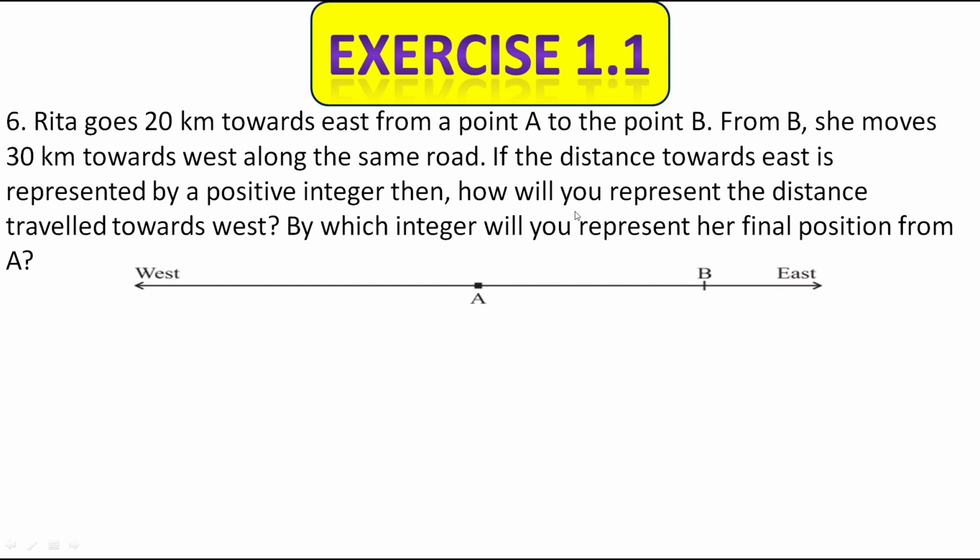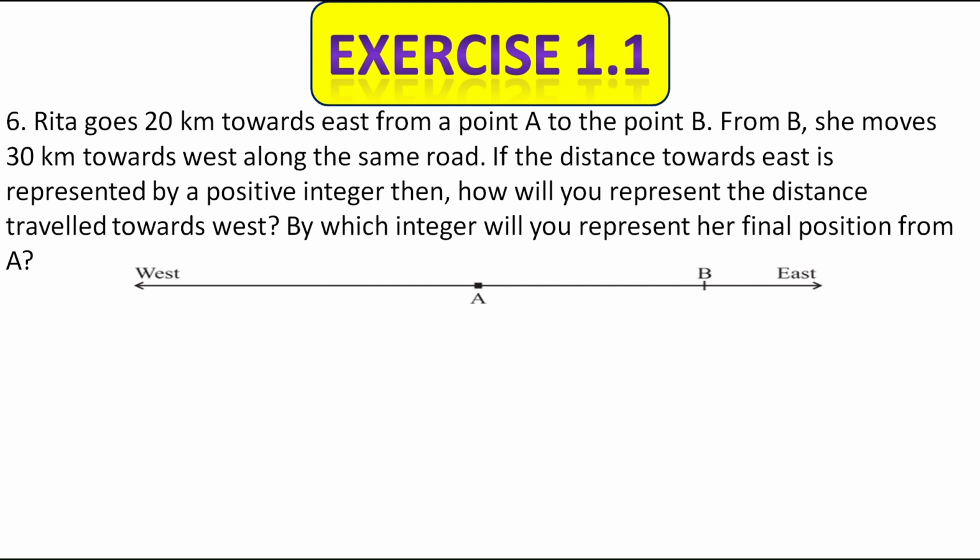So from here again she is moving towards west and she covered 30 kilometer distance. If the distance towards east is represented by a positive integer, then how will you represent the distance traveled towards west? By which integer will you represent her final position from A?